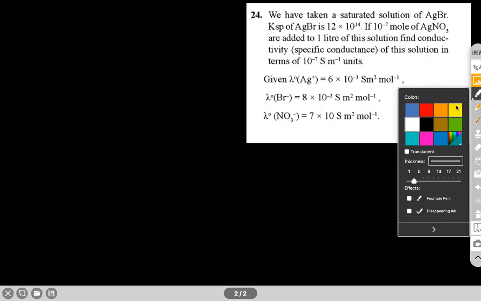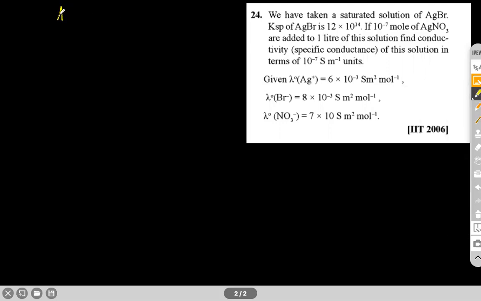Now when we have 10 to the power minus 7 molar AgNO3, this will reduce the solubility of AgBr.